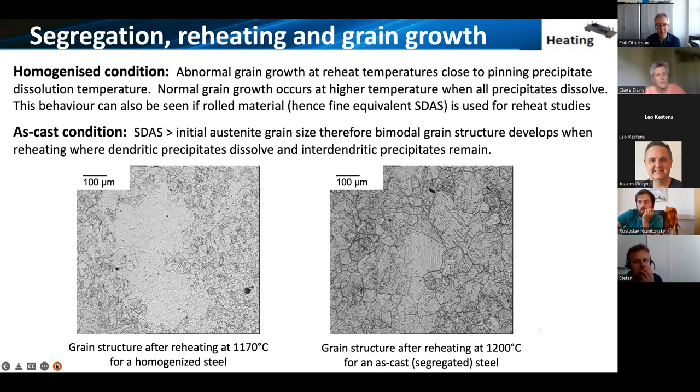One thing that we did find that was very interesting, and it comes back to understanding the difference between what we do in the lab and what happens in industry, is that we took rolled material. In other words, we reduced the separation between the solute-rich and the solute-poor regions, such that you had a very, very fine spacing, talking about 10 microns or less.